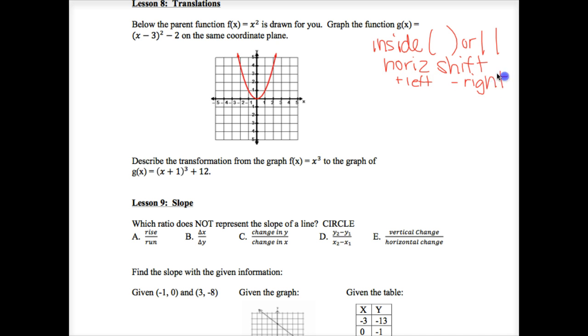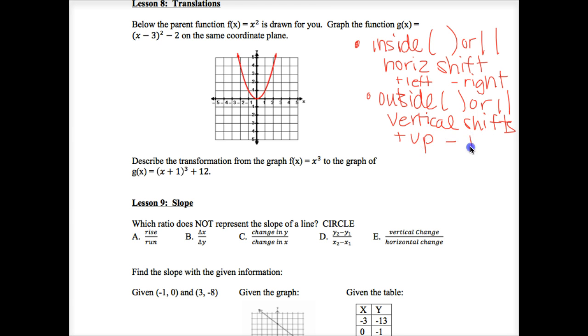Negative means it's a right shift on the inside. If it's outside the parentheses or absolute value bars, and if there aren't any parentheses or absolute value bars, then that definitely means it's outside, those are your vertical shifts. And positive is up, negative is down.